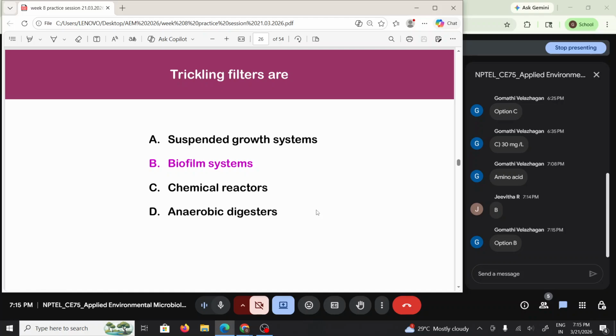You have a kind of media over which the microorganisms will be present in the form of a biofilm, and they are going to be present in the treatment system, and water is going to be passed. The microorganisms that are coated over this media feed on the organics in the wastewater, and similarly for aerobic processes you also supply enough oxygen in that process.